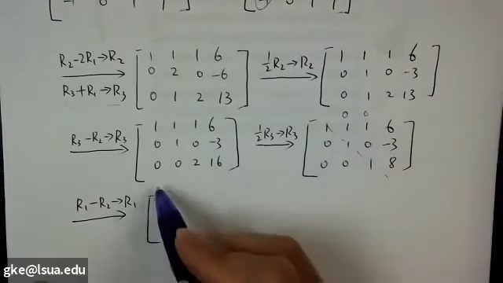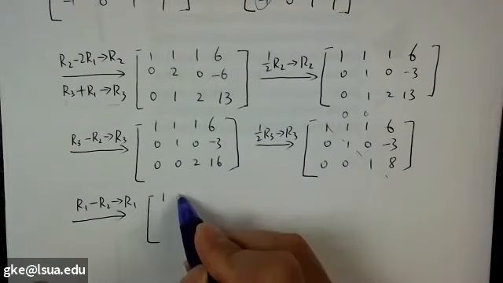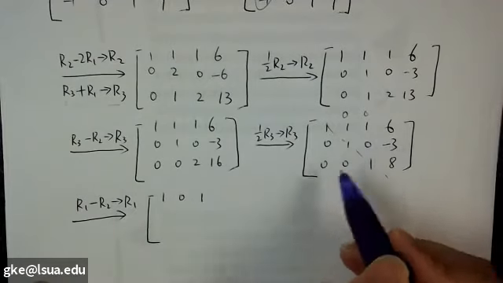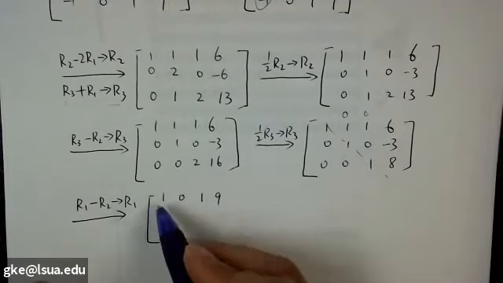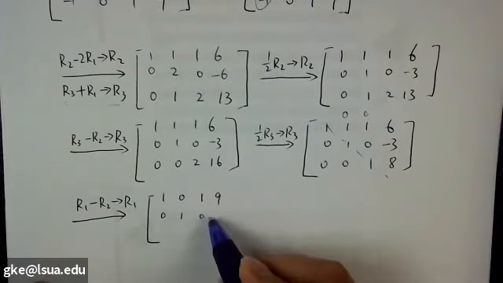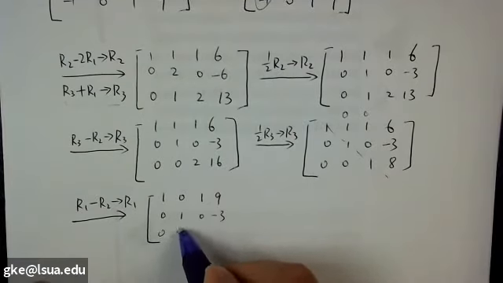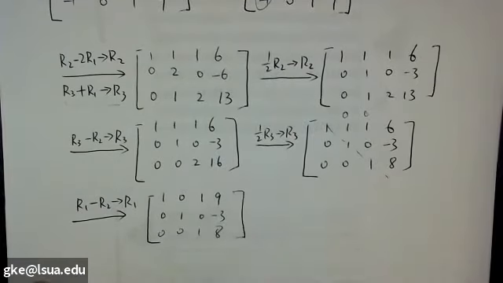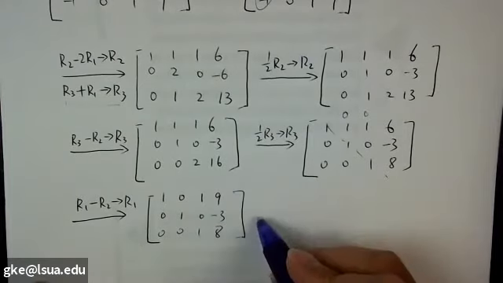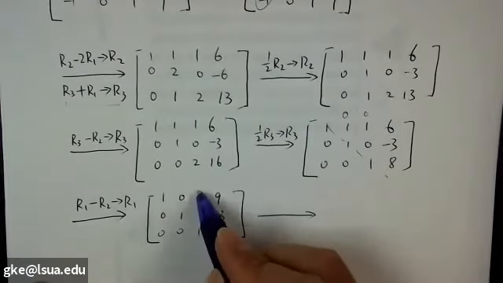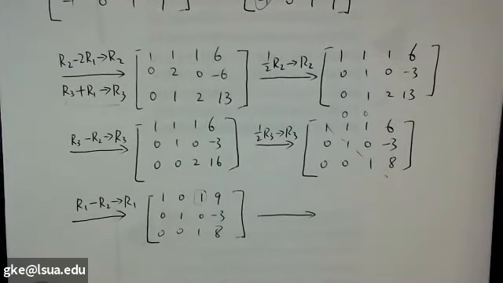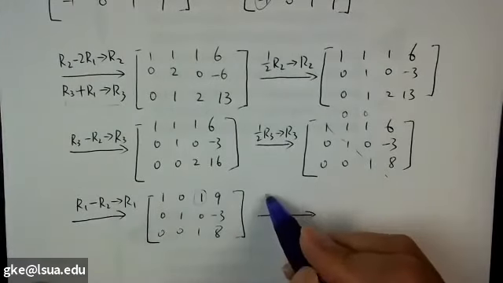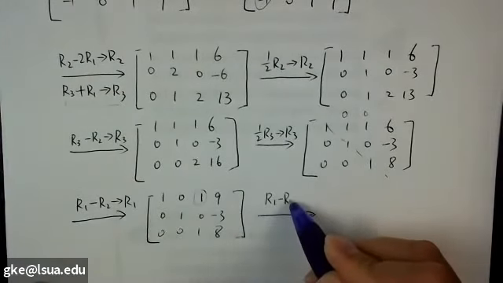So it's 1, 0, 1, 6 minus 3, 9. Okay, and again, we want to keep this guy equals 0. What does that mean? We let R1 subtract R3.